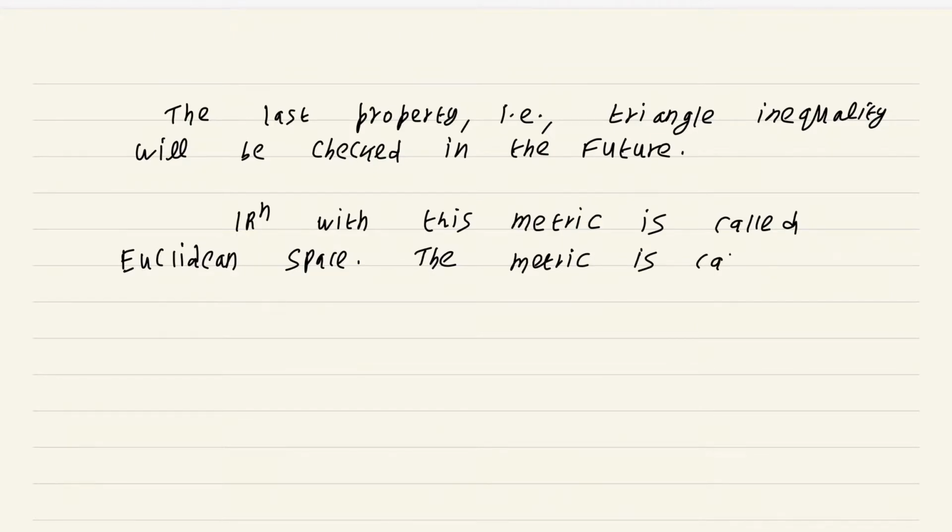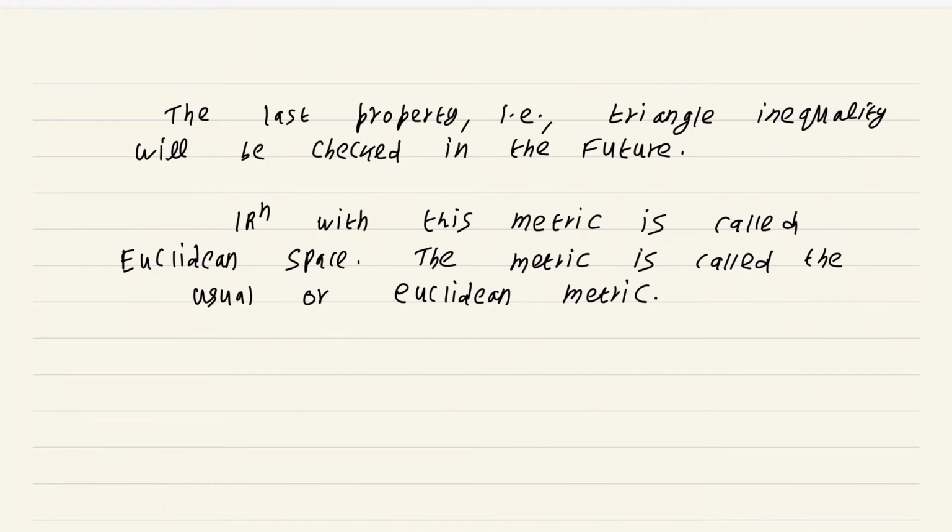Mathematicians, as we have seen, are not very creative when it comes to terminology. It's called the usual or Euclidean metric. There are other natural and useful metrics that we can define on the space Rn. We shall see that in this module on normed vector spaces, which will come down the line.